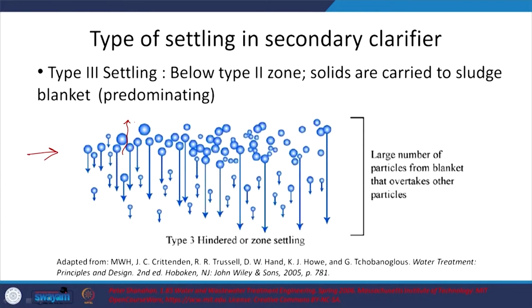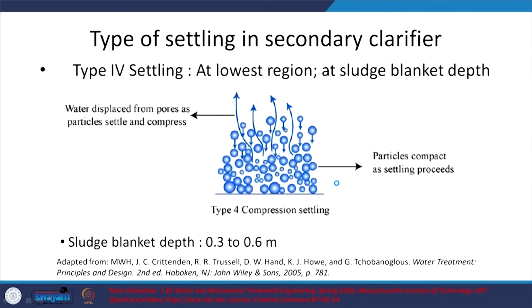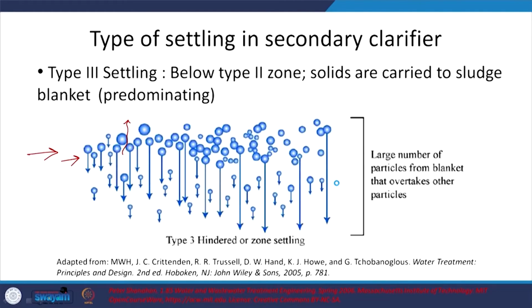So, the velocity at which this zone comes down will decrease with increasing concentration within this zone. So, a large number of particles form a blanket that overtakes other particles. So, it more or less traps them and takes them down. This is what you would see beneath that zone 2. And in the lowest region, we are talking about thickening. So, these 1, 2 and primarily 3 we will look at as clarification, yes.